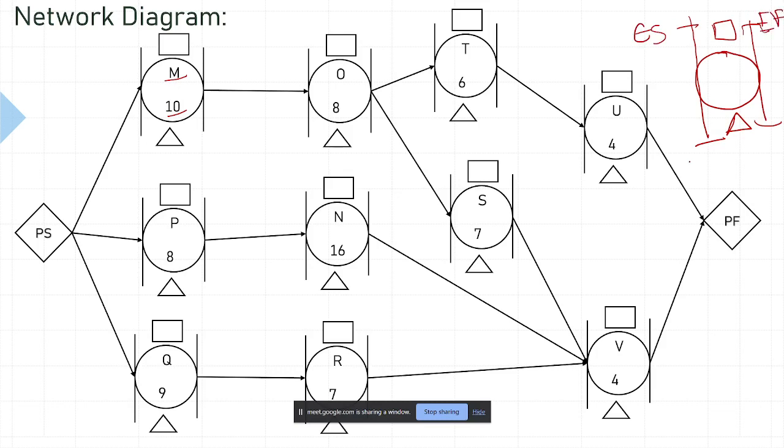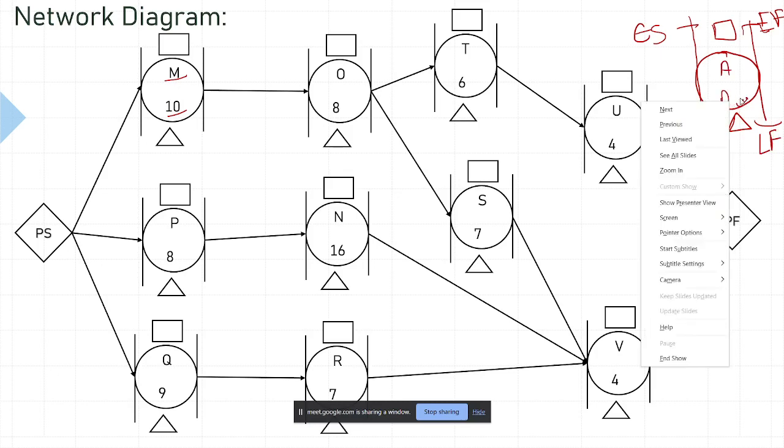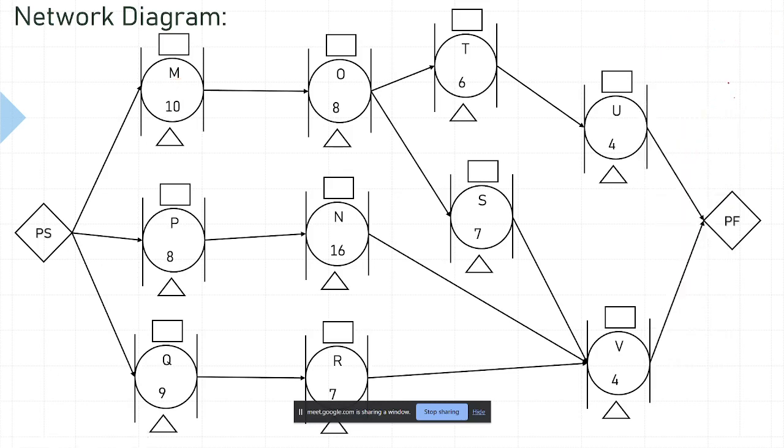On the same line here, late start and late finish. Here we have got the activity name, here the duration. And this is the total float, and this is free float.